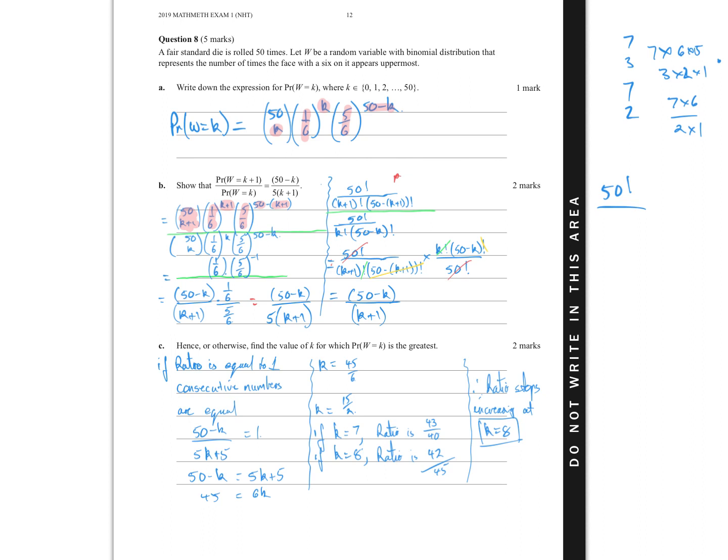Over K successes, 50 trials, K successes, 1/6 to the K, 5/6 to the 50 minus K. So if you like, there's our first statement.